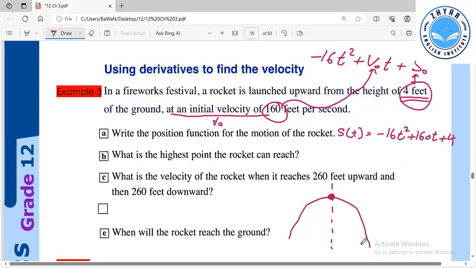There are two ways to find it. The way that most of the students use is to use chapter 4. In chapter 4, how do we find maximum and minimum? We just find derivative equals 0.